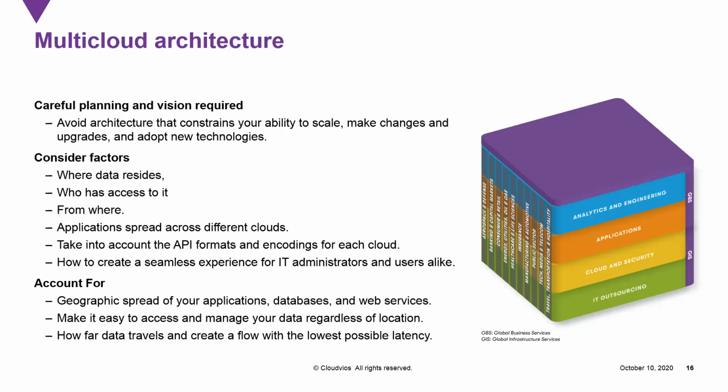And the most important thing is that we need to take into account the API format, because it plays a very important role when it comes to multi-cloud. We need to ensure that all the APIs are connecting properly, and encodings are correct for each cloud.